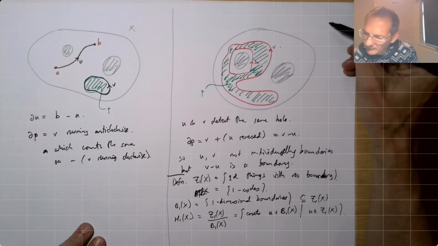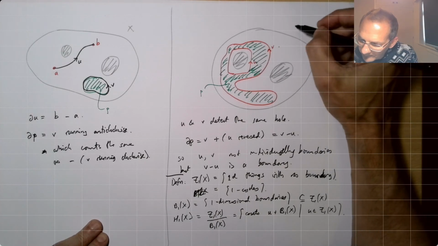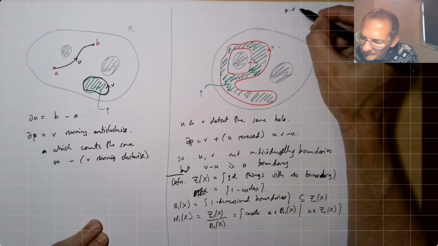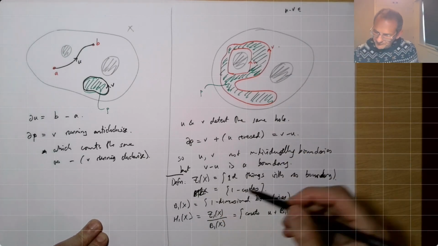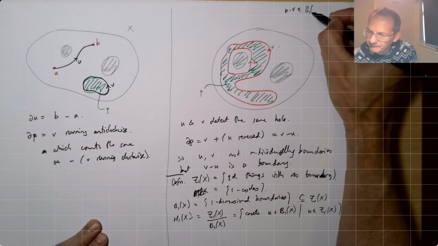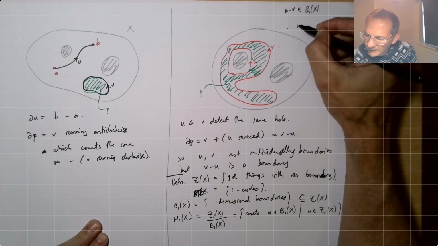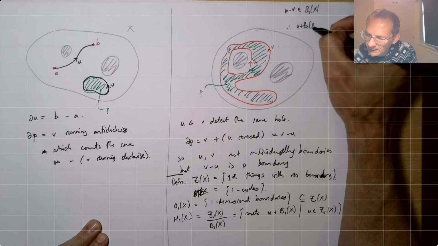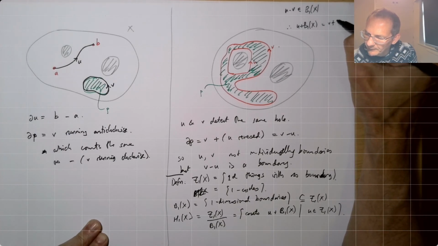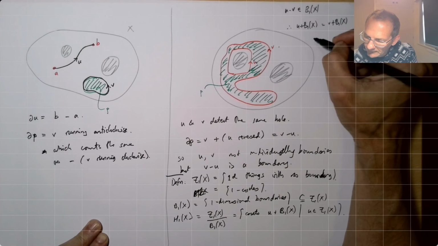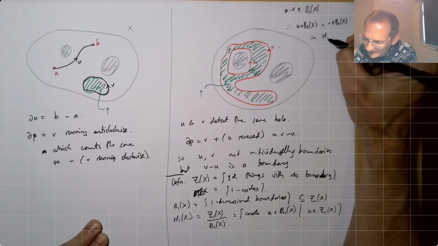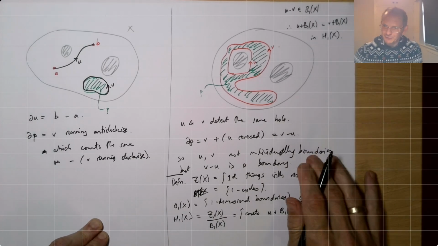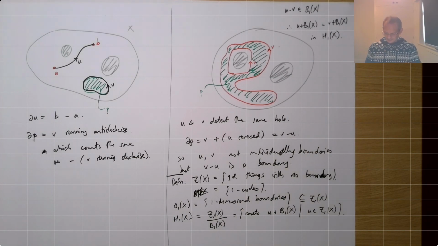So going back to this example here, we had that U minus V is the boundary of something, so it lies in B1 of X. So the coset U plus B1 of X is the same as the coset V plus B1 of X, as elements of the homology group H1 of X. Okay.